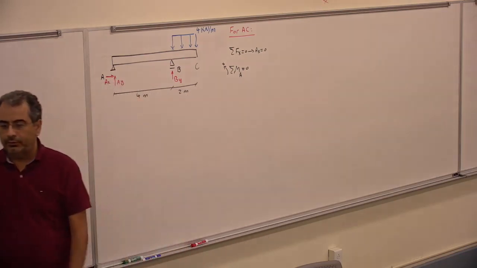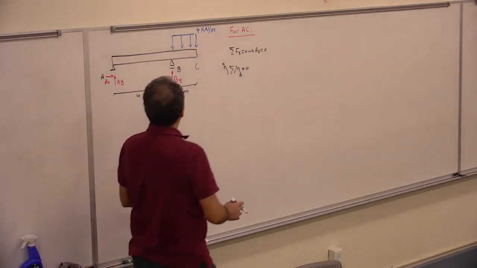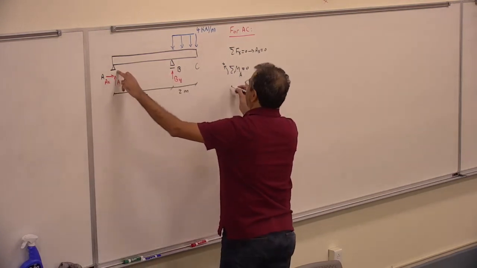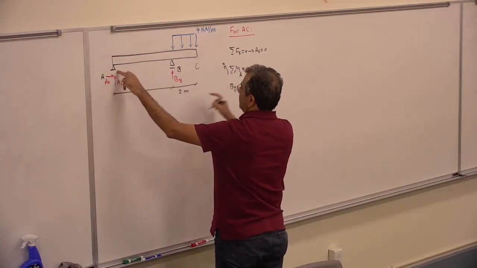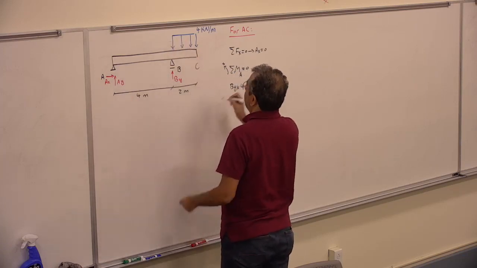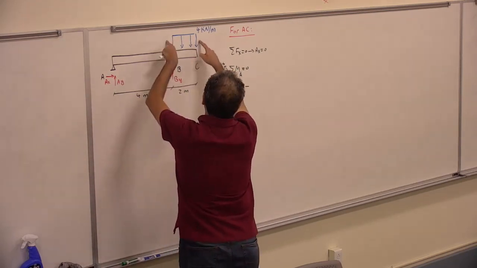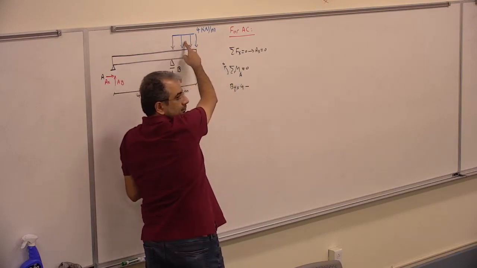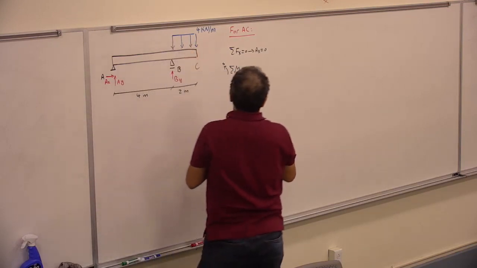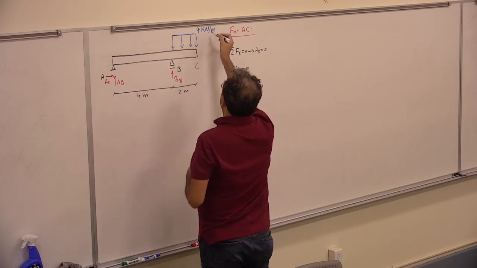And I can write the moment equation for that. AY, BY. By writing about point A, I would have the BY times 4. It's going to be counterclockwise. Minus the equivalent of that force applying at the center. So it's going to be 4,000 times 2.